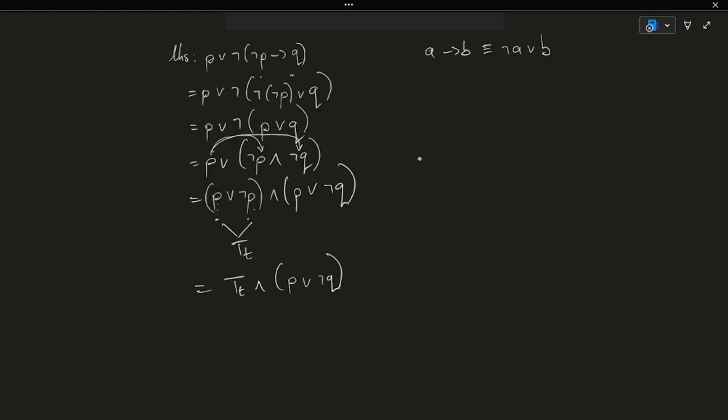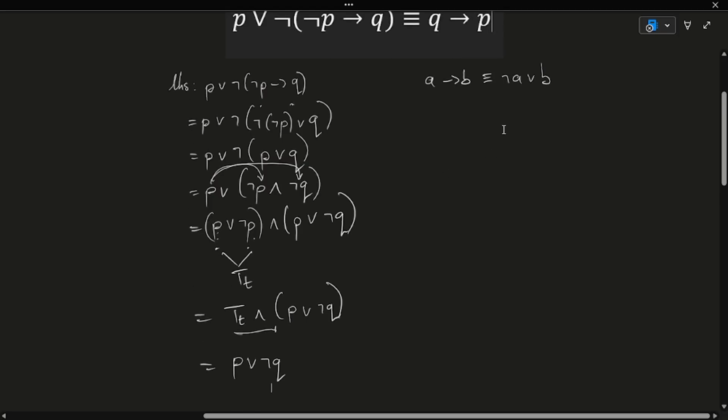So one of the identities of a tautology, or identities of annihilation, so to speak, is that if you have a tautology and an and joining symbol, that means the tautology is allowed to be dropped, right? So we can annihilate the tautology and we'll be left with P or not Q.